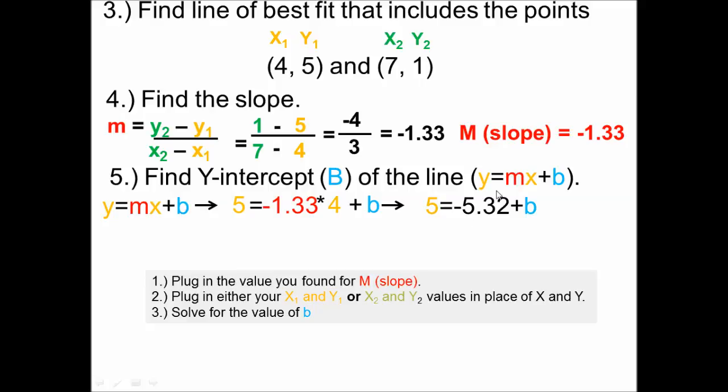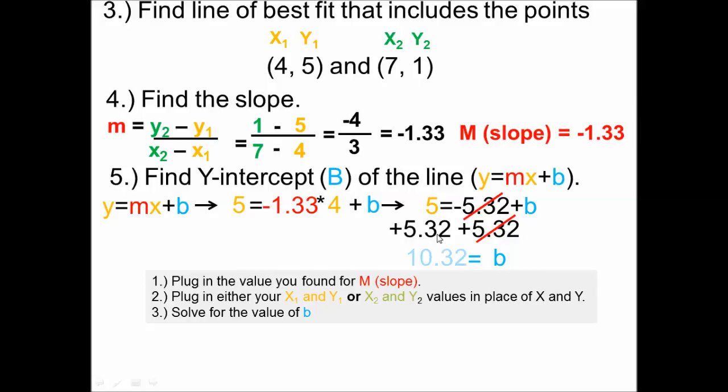So now in this case, I need to think, what's the opposite of a negative 5.32? Well, it's actually a positive 5.32. So I'm going to add 5.32 to each side of this equation. The negative 5.32 cancels out the positive. So again, we're left with just b. And then we have 5 plus 5.32.